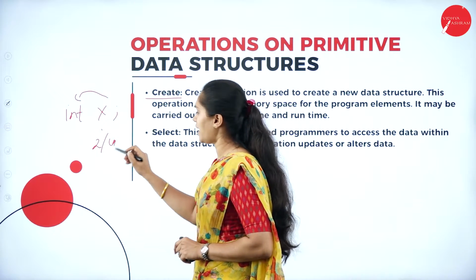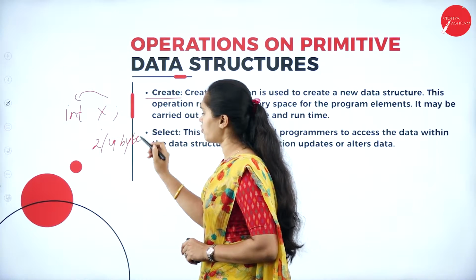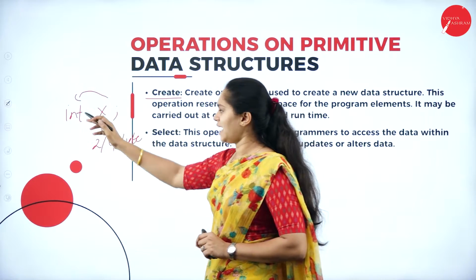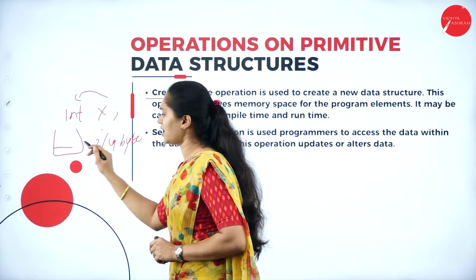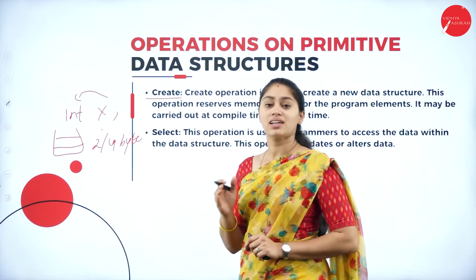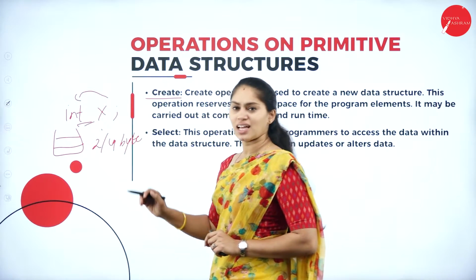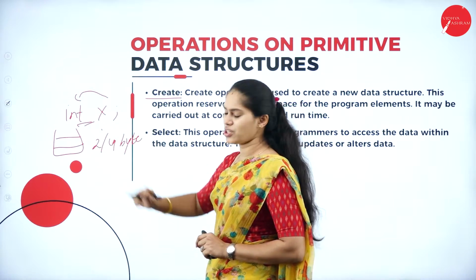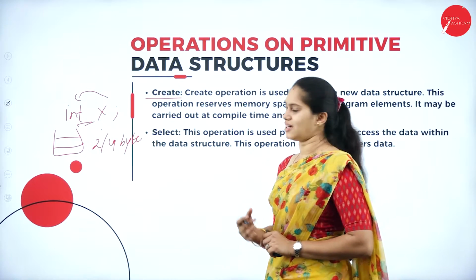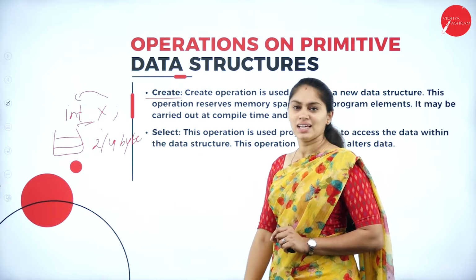So either it will have 2 bytes or 4 bytes of memory for this integer. That means I'm creating a memory space in my computer's memory. When I create this data structure, with respect to that create operation, memory will be created.